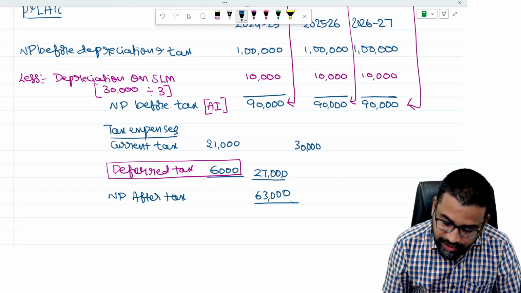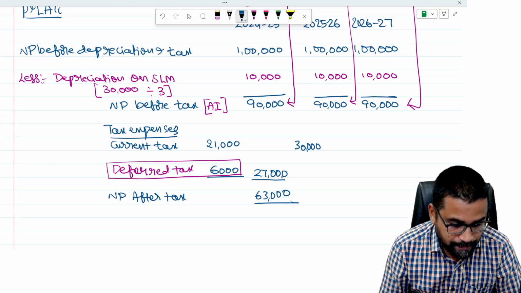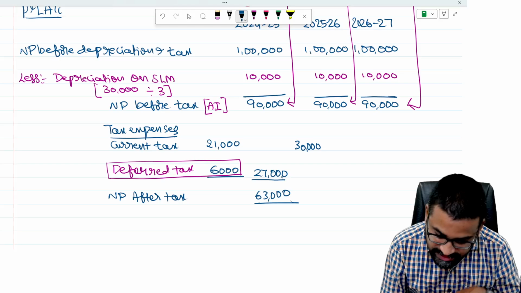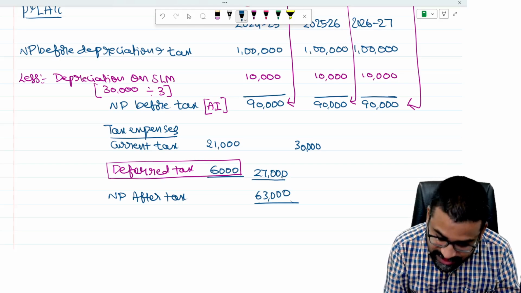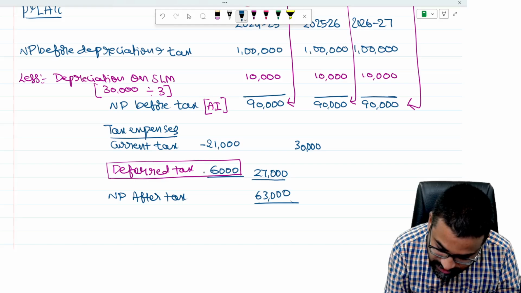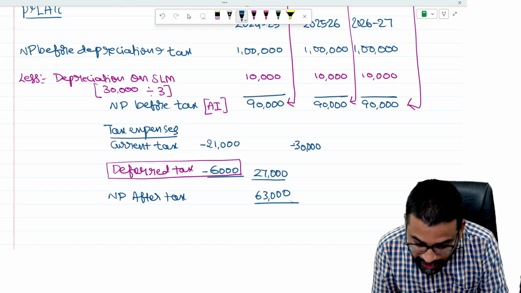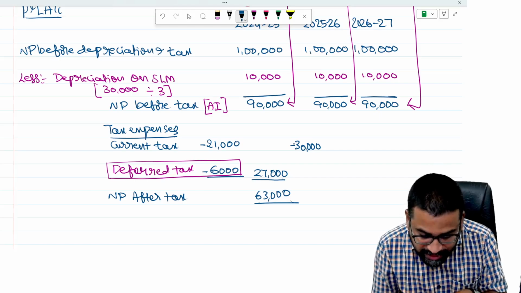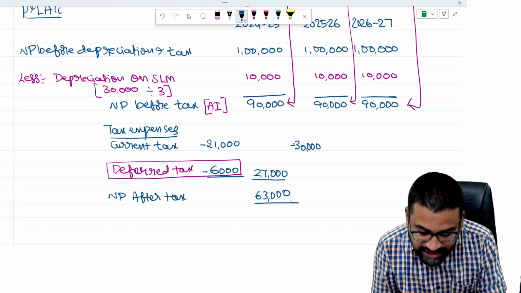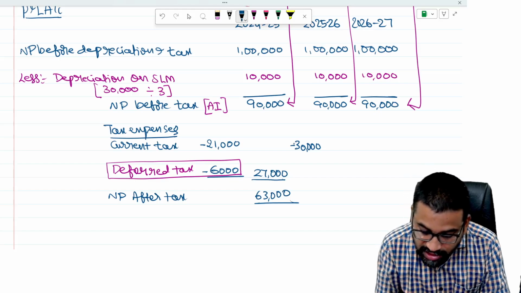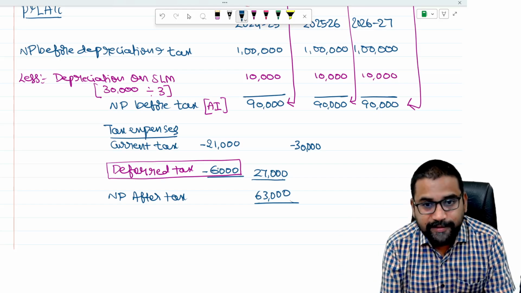So first year timing difference tax is 6,000. These taxes we have to deduct from the net profit. See, first year deferred tax liability, deferred tax minus 6,000. Out of this 6,000, how much is reversed?